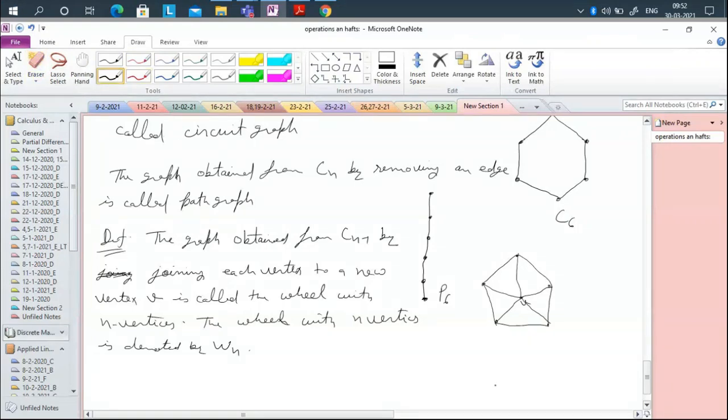So that is called W6. For a wheel, we try to write it in circular form, in place of all the edges. In this way we write. So this is called a wheel graph. Understand?